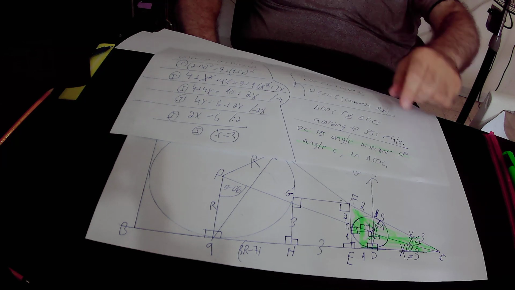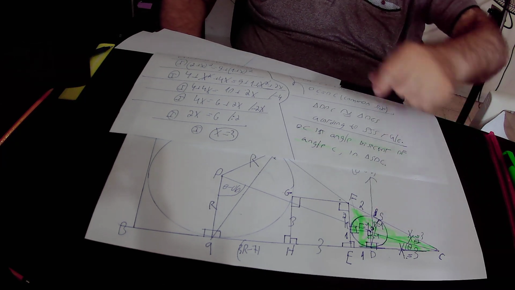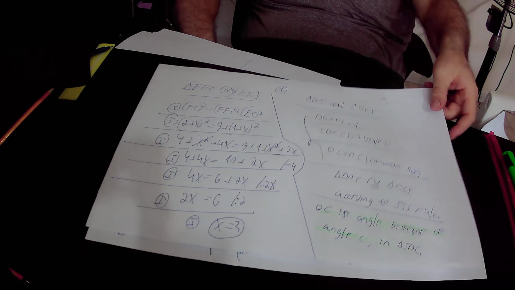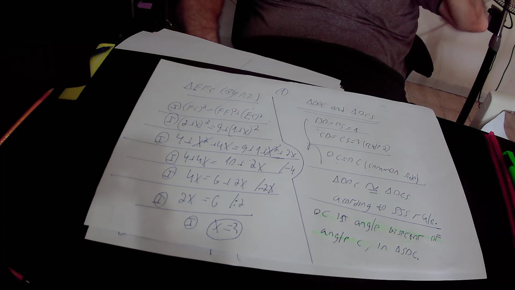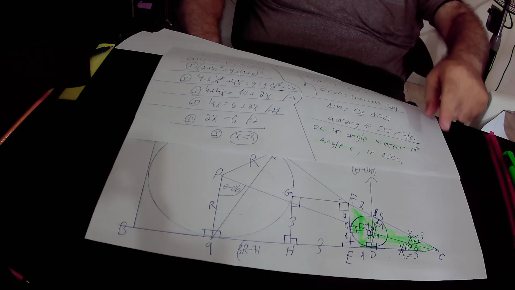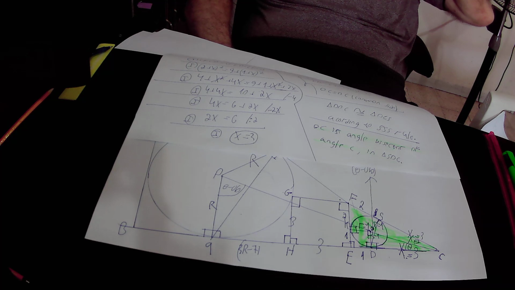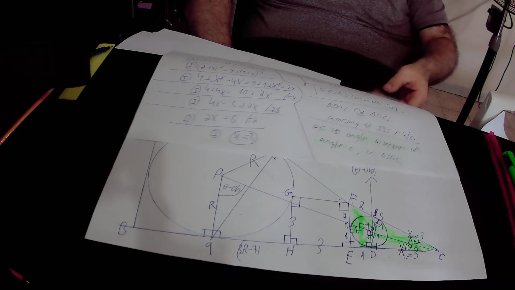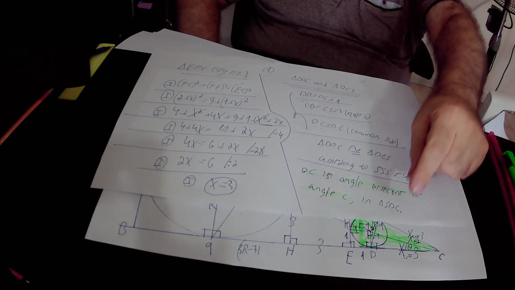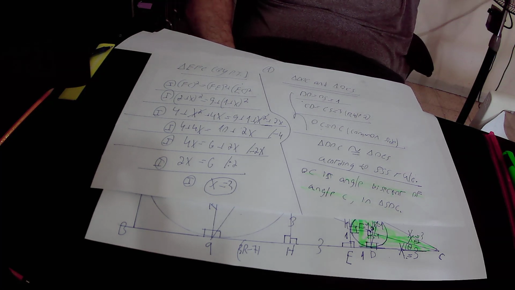In addition, we know that SO equals OD equals 1, as they are both radii of the small circle. And finally, side CO is the common side, it belongs to both triangles, so CO equals itself. So those two right triangles are congruent according to the side rule.